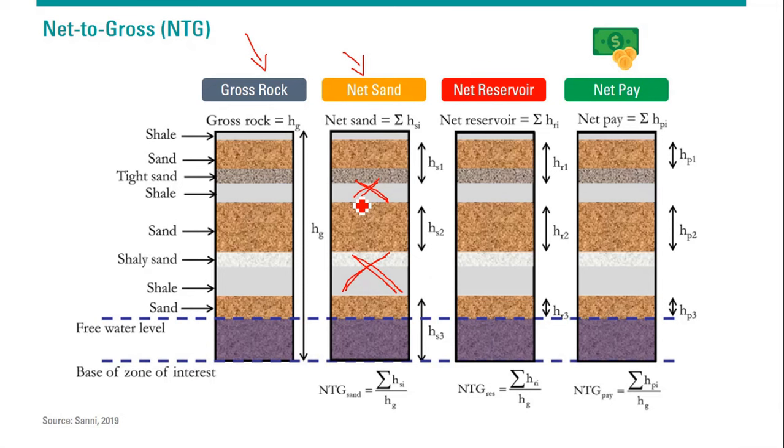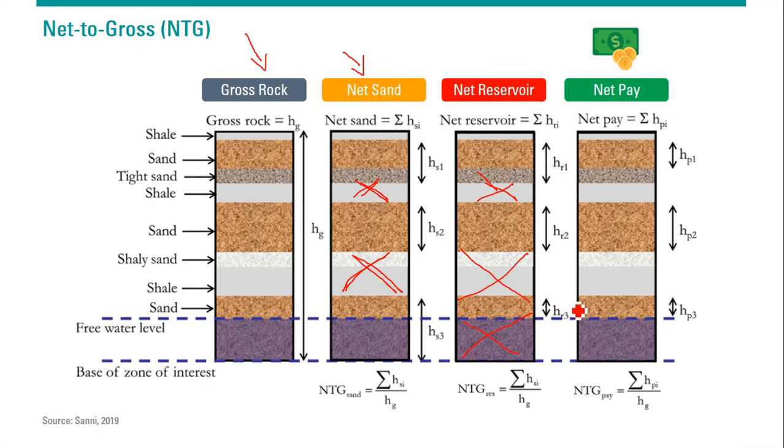Okay, and then we have net reservoir. Net reservoir will eliminate the water zone because water zone will not contain oil. So we eliminate the water zone, and don't forget we eliminate the shell, so we have net reservoir 1, 2, and 3.